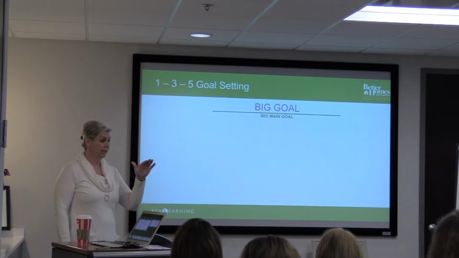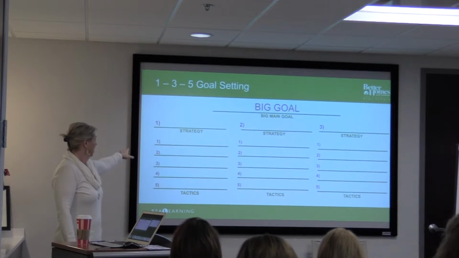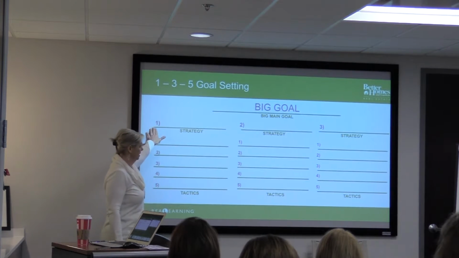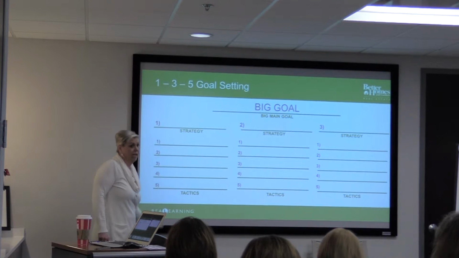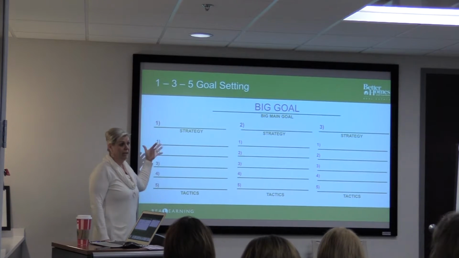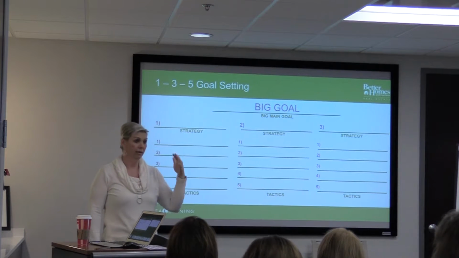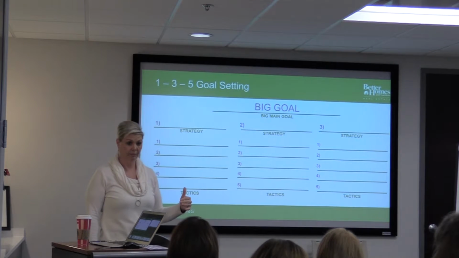So the way I have these laid out in your workbooks is very similar to what I'm going to put up here on the screen. You have your big main goal, your strategies, and then underneath 5 tactics. Some of these strategies, you might have 10 tactics. Some of them you might only have 3. I want you to try to focus on getting at least 5 tactics for each of these.